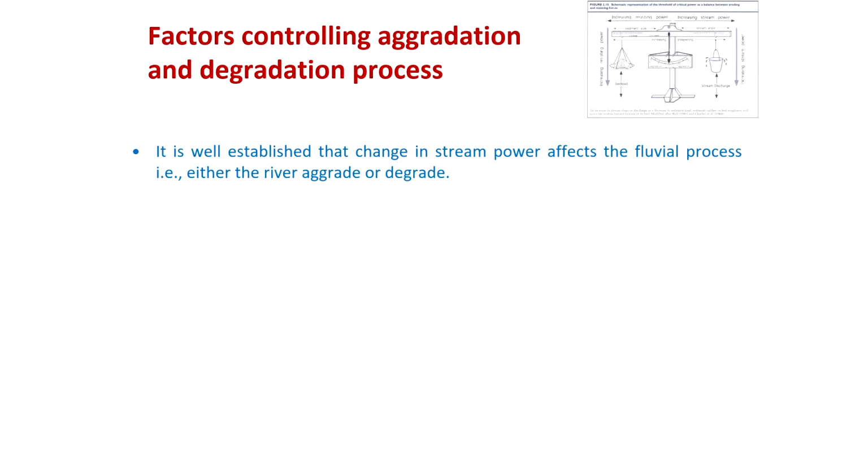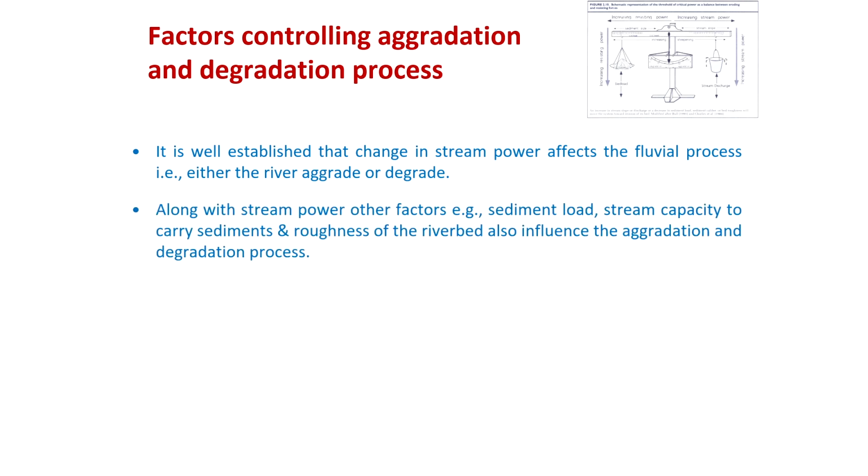So, factors that are controlling the depositional and erosional processes: it is well established that change in stream power affects the fluvial processes. Either the river will aggrade or degrade. That means it will start depositing or it will start incising, eroding the areas.